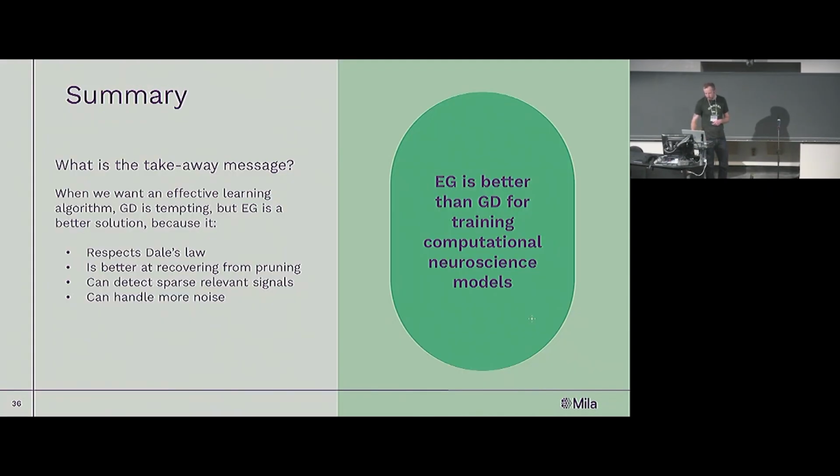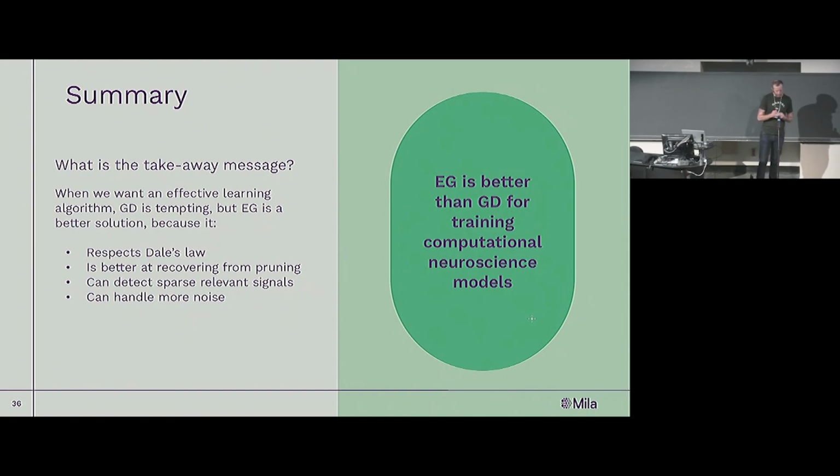Okay, so to wrap up, we want an effective learning algorithm. We want an algorithm that can train neural networks to do complicated tasks, and gradient descent is great for that. But we are proposing that exponentiated gradients are a better learning algorithm than gradient descent for computational neuroscientists to use. And the reason is, first of all, it respects Dale's law.